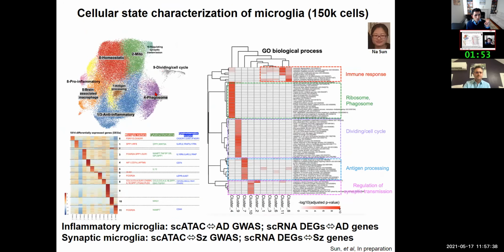We're able to look within cell-sorted cells, in silico cell-sorted across hundreds of thousands of microglial cells to distinguish synaptic microglia that appear to be associated with schizophrenia, both for GWAS in the single-cell ATAC data and for differentially expressed genes in the single-cell RNA data, and inflammatory microglia that appear to be instead associated with Alzheimer's in both data types.